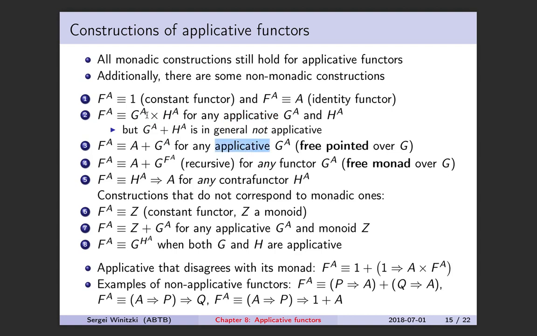We provided proofs of the applicative laws that only assumed that G and H satisfy applicative laws. We did not assume that G and H were monads. Now, in these two constructions, there aren't any constraints on G and H that we changed. These are exactly the same constructions with exactly the same conditions for G and H as in the monad constructions, and therefore we don't need to prove anything.